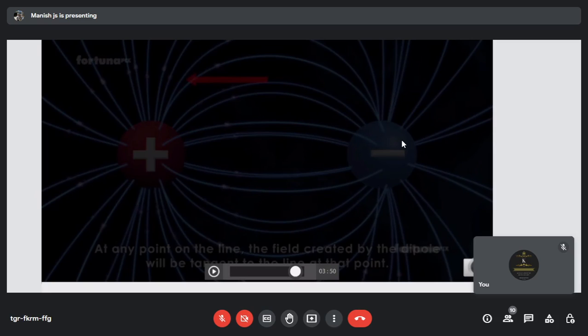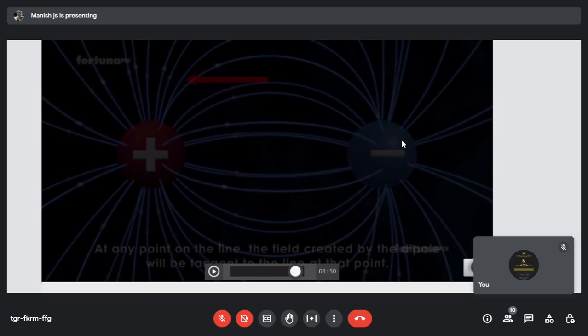So all points combined will look like a sphere, it will be spherical. If you consider all the electric field points surrounding a positive or a negative charge, it would represent a spherical surface area. So that is what we understand.